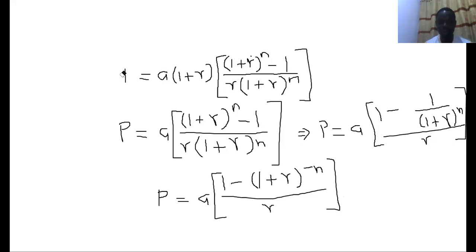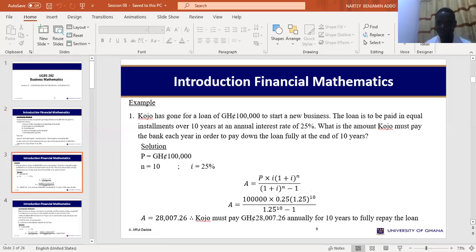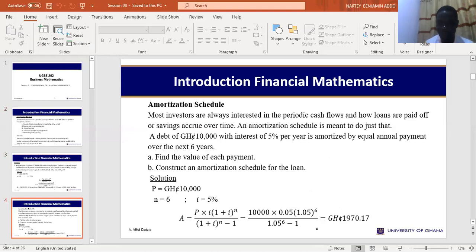Okay, so let's look at the question that we have. Let's go back to the slide. Okay, so this is another formula that you can use.